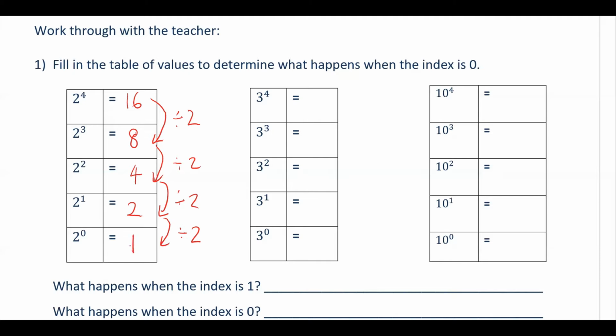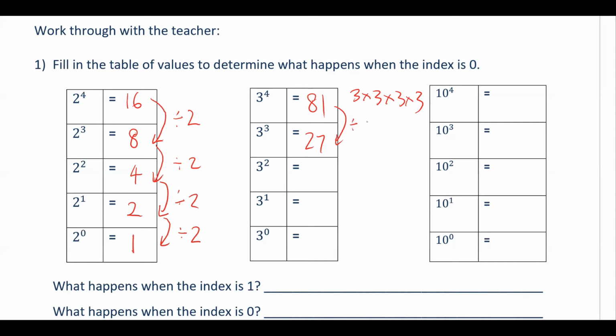Okay, let's investigate that pattern with a couple of other bases. So 3 to the power of 4, that would be 3 times 3 times 3 times 3, and that's going to give you 81. 3 cubed is actually one less 3 that you're multiplying, and that is going to be 27.